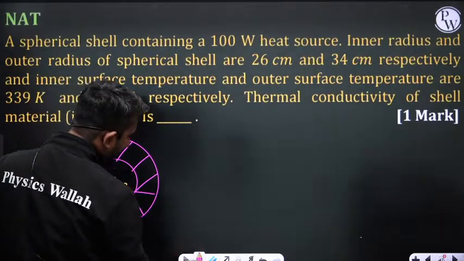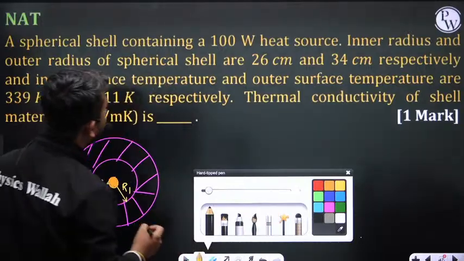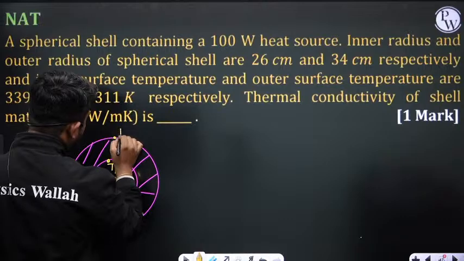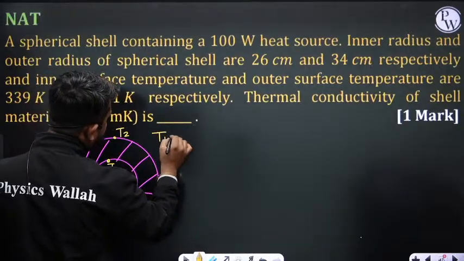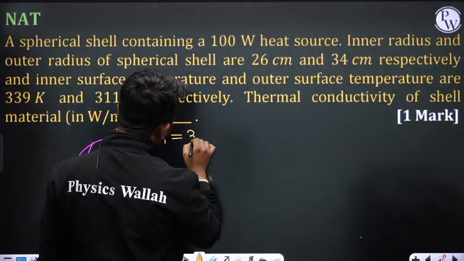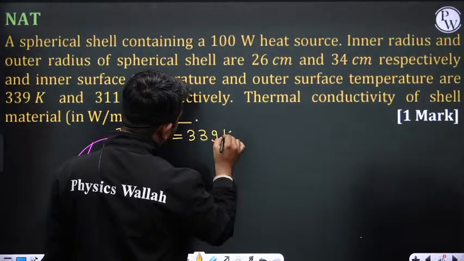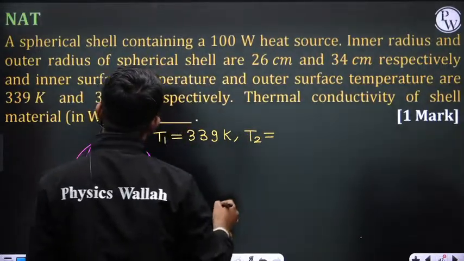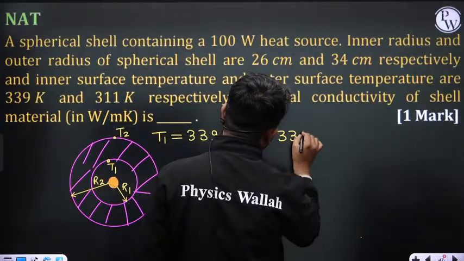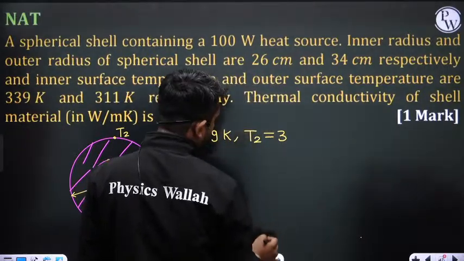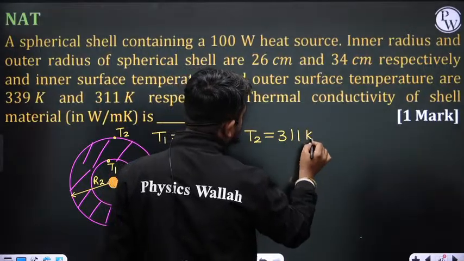So because of this 100 watt heat source, the inner temperature, so this temperature is T1, this temperature is T2. So T1 is equal to 339 Kelvin, and T2 is equal to 311 Kelvin.